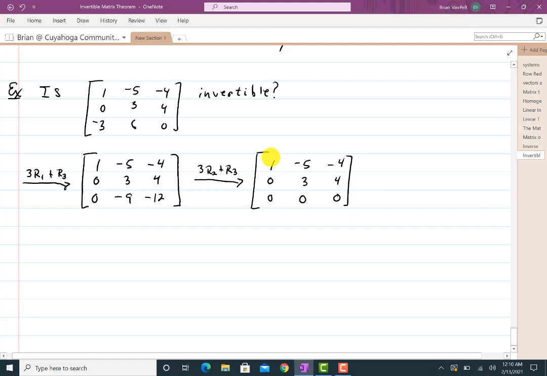And I think right now I can stop. If you look here, I have a pivot here and I have a pivot here. Only 2 pivots. But we need 3. So therefore, the matrix is not invertible.